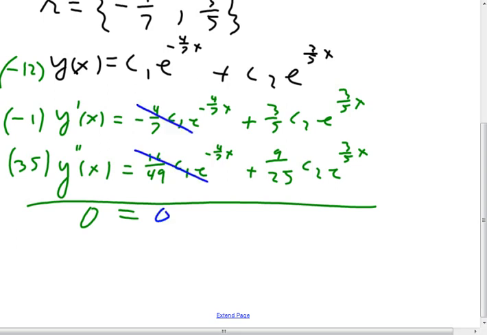Okay, so those guys all cancel each other out. I got a 12 minus 3 plus 35 times 9 25ths, also equal to 0. So those guys cancel each other out. This is a 0. Check.